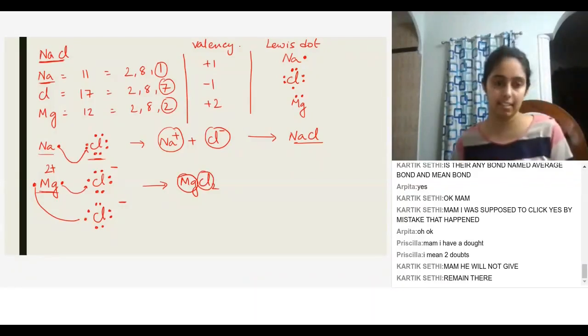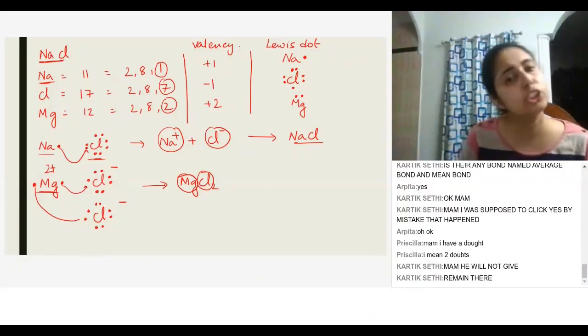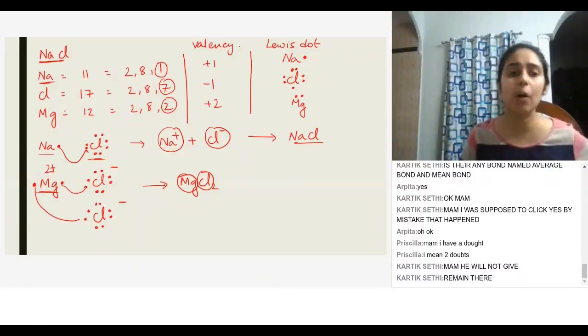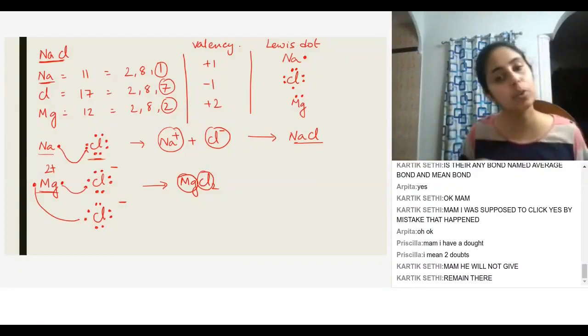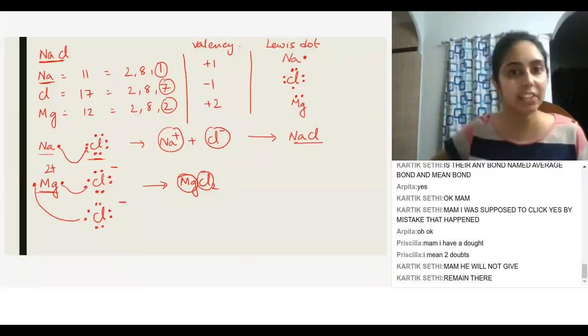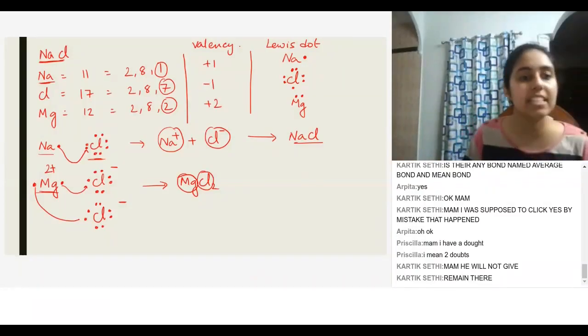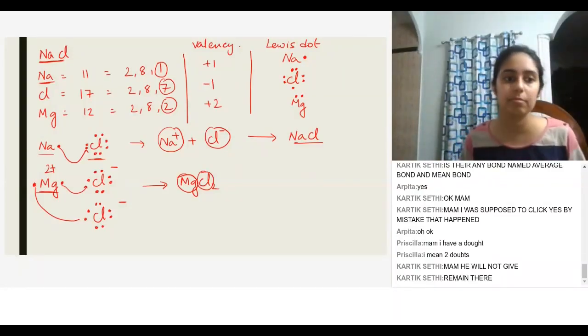So how will the second chlorine also get 7? Because chlorine always has 7 dots. No matter how many chlorine atoms I have, even 100, all of them will have 7 dots, because all of them have atomic number 17, electronic configuration 2, 8, 7, and valence electrons 7. Okay, ma'am, got it. Syed, did you understand? Yes, ma'am.